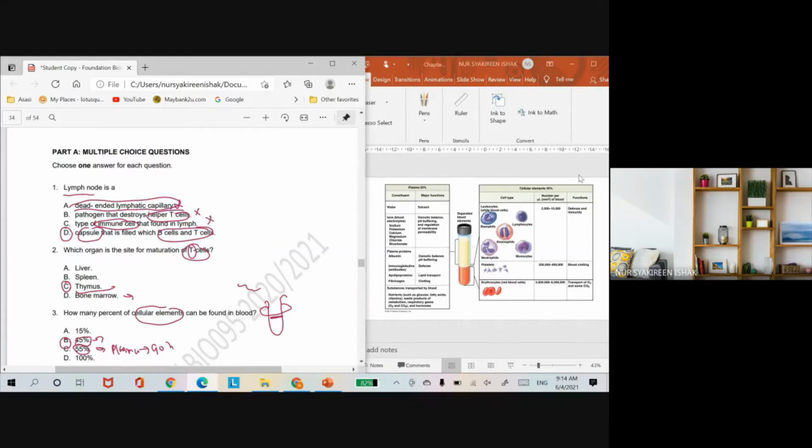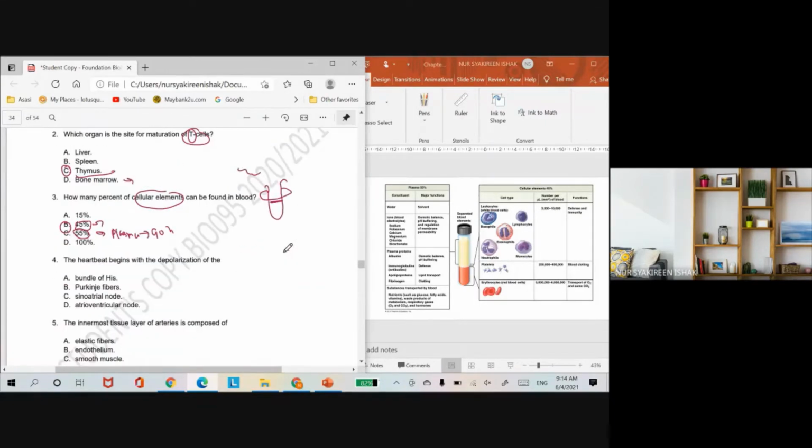So the platelets are also part of the 45% of the cellular element. So don't think that when you centrifuge blood there are three separate layers. The thin layer is also part of the 45% cellular elements.